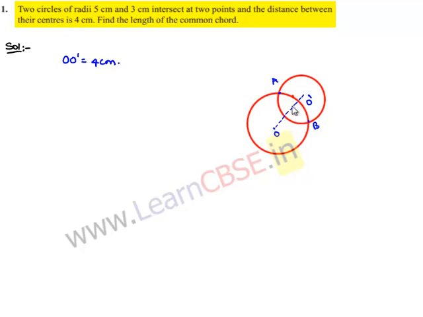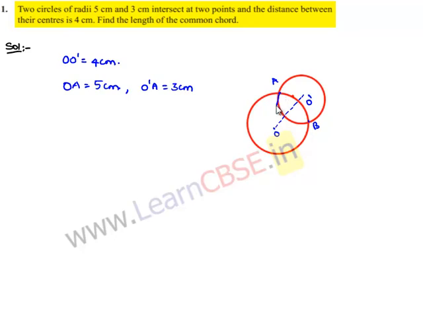And the radii of the circles are given as 5 centimeters and 3 centimeters respectively, that is OA will be equal to 5 centimeters and O dash A will be equal to 3 centimeters.